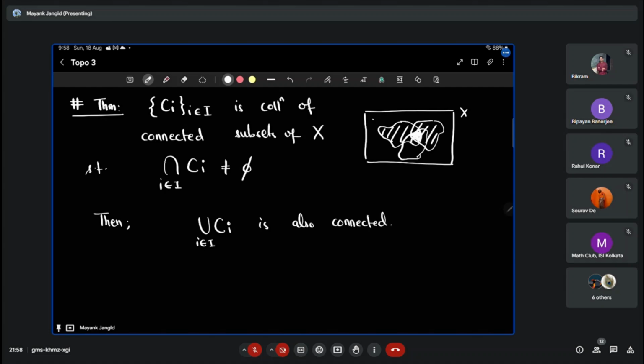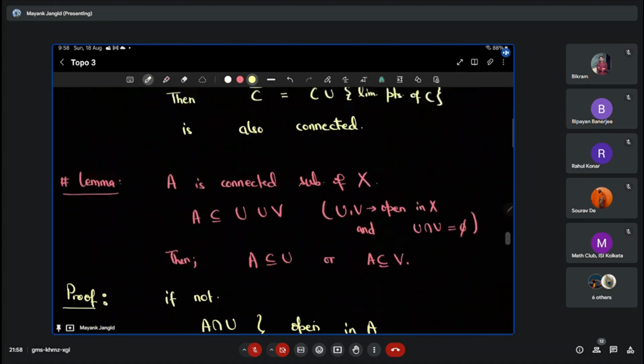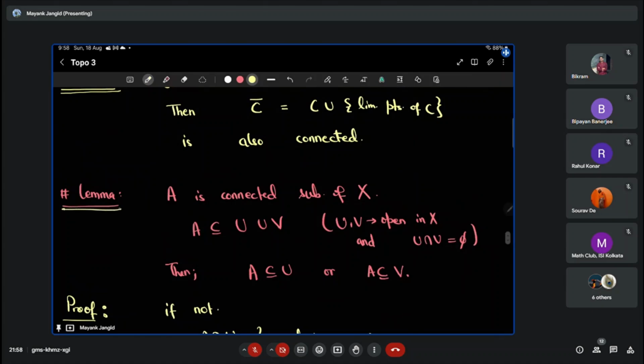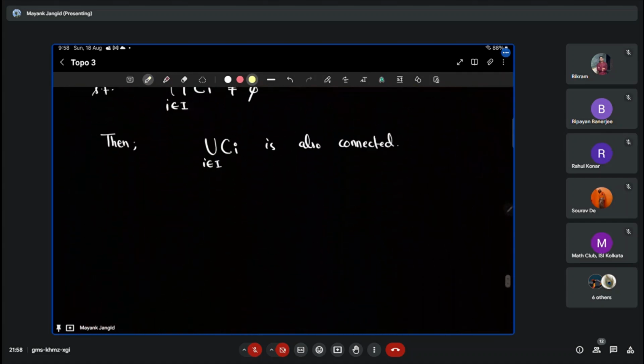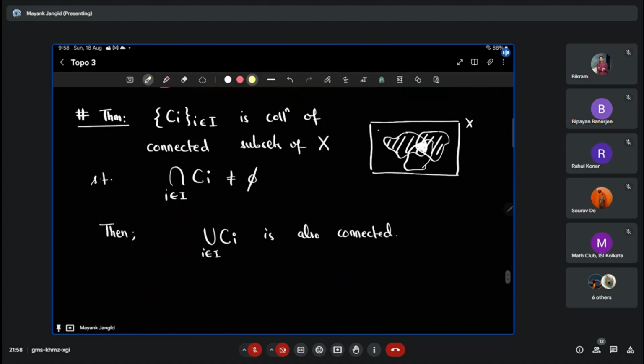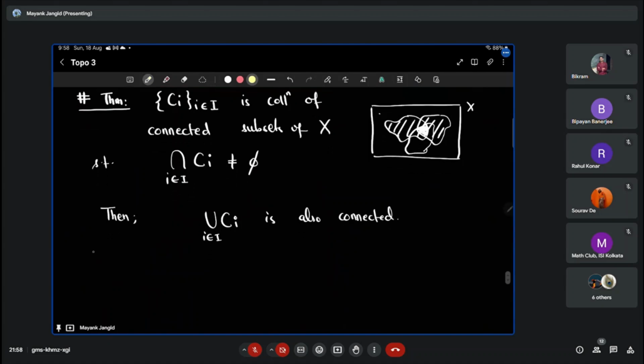Okay. So this is also easy to show if we refer back to the lemma that we proved earlier. So we will use this lemma. Proof: say the union of the Ci is equal to U union V, where U and V are disjoint.